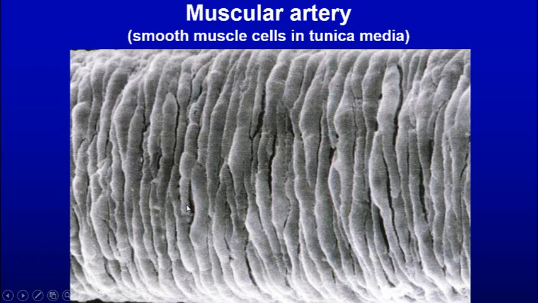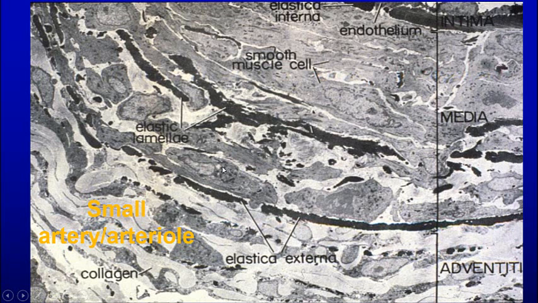And if we look at one with a scanning electron microscopic view, with the adventitia removed, we can see the smooth muscle cells surrounding the intima. So this is the media, cells of the media. If we look at a small artery or arteriole, we see the intima, media with the muscle, and then the adventitia, and we still have elastic lamina and internal elastic lamina.